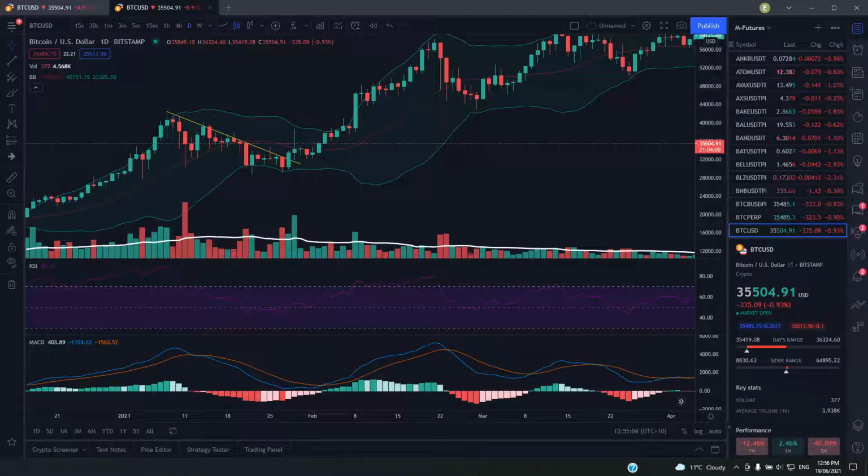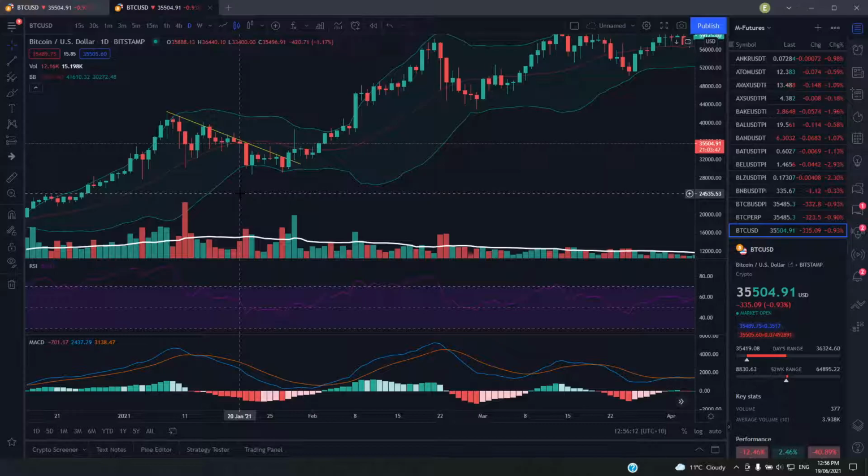Let's open up a new Word document. So again, this is a trading strategy of MACD, RSI, and Bollinger Bands.